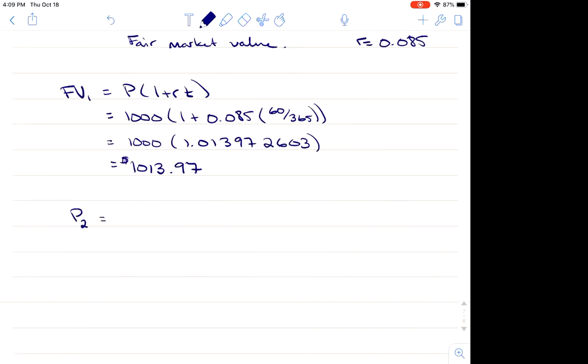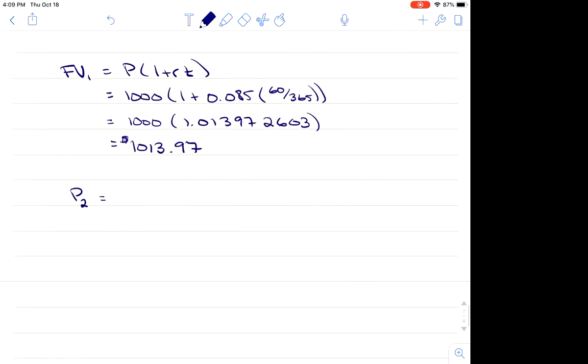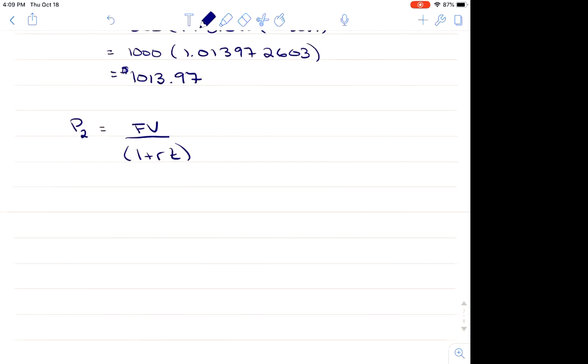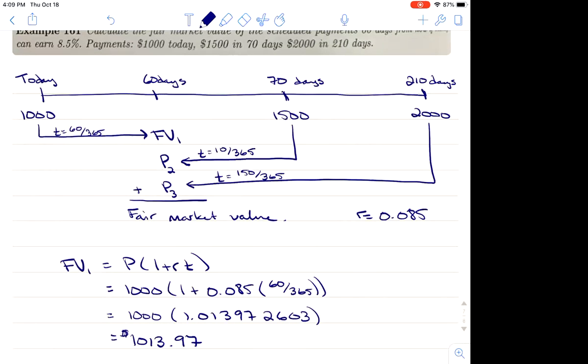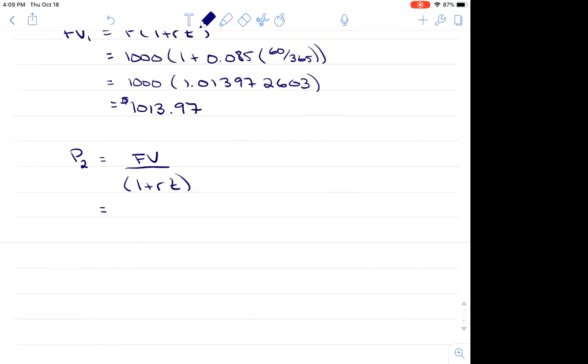Now P2. I already solved for P earlier. Same thing on the test: if you've already solved for P once, you can use it in later sections. So P is the future value over 1 plus RT. The future value for P2 is 1500, and the time is 10 out of 365. So 1500 over 1 plus 0.085 times 10 out of 365.